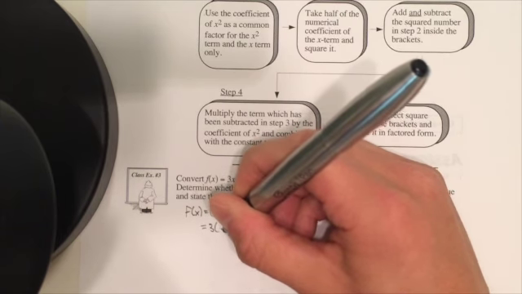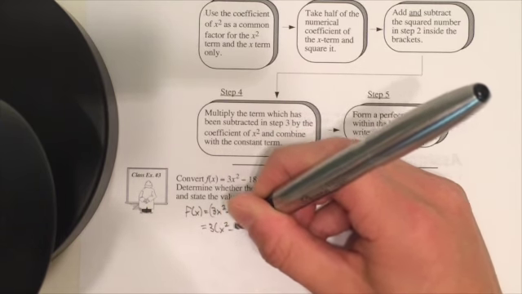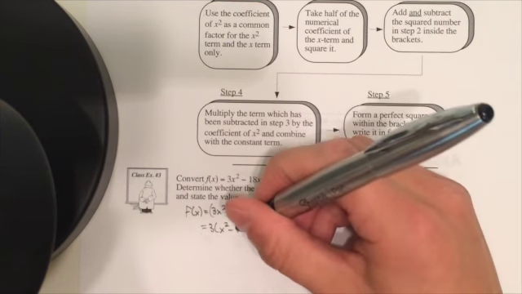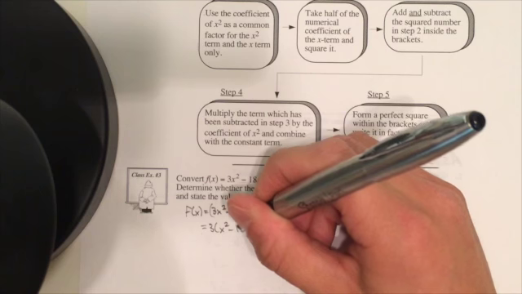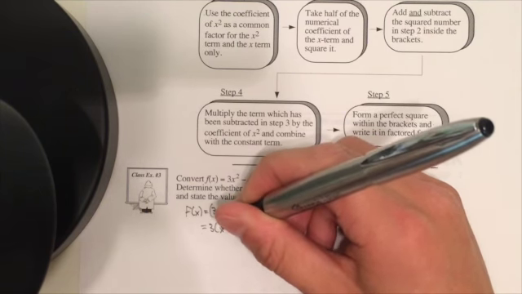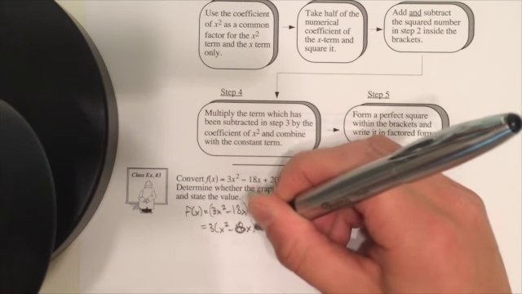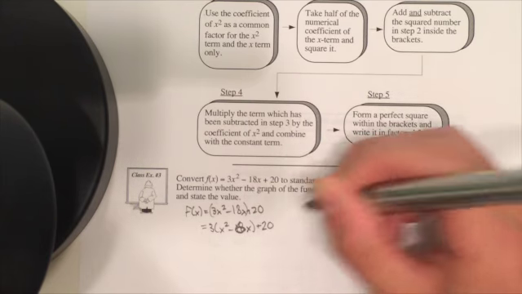I'm going to take the 3 out, and leave the x in there so I can still form a perfect square. That would be x squared minus, not 18, that's going to be 6x. So x squared minus 6x. This is why you don't do math in pen. Plus 20.